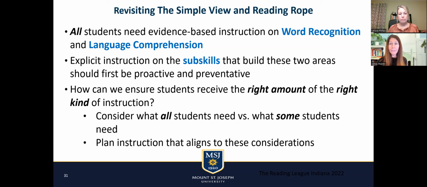But when we do find that unique need, it's the sub-skills question that we're asking, by isolating variables, that will tell us what's the right amount of instruction they need and what's the right kind of instruction. So we should always be considering what do all kids need, that's universal intervention, versus what do some kids need, that's small group intervention.